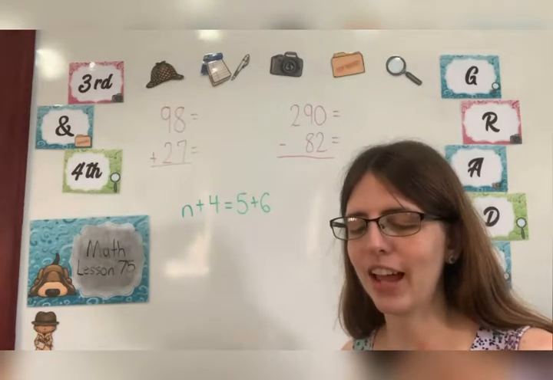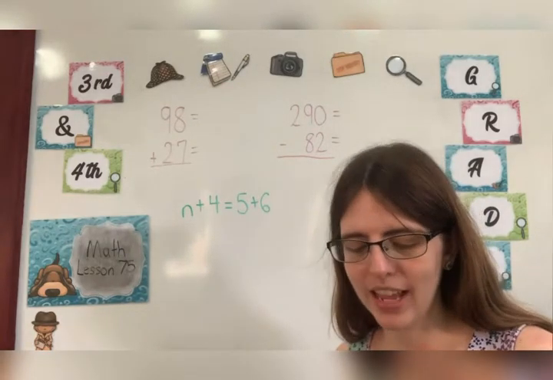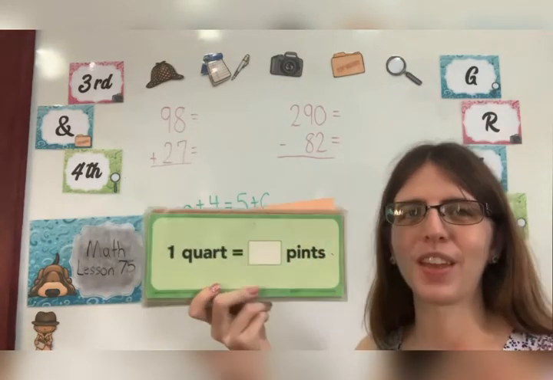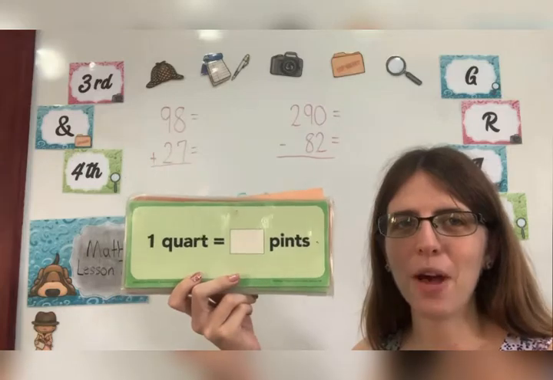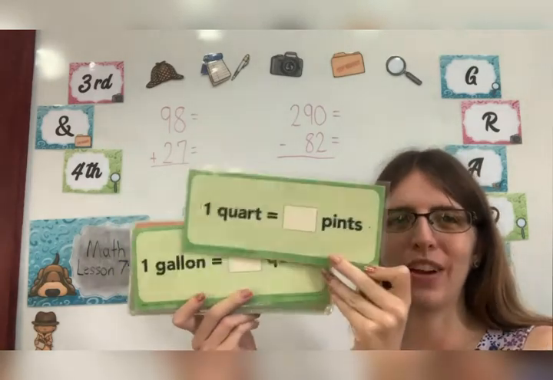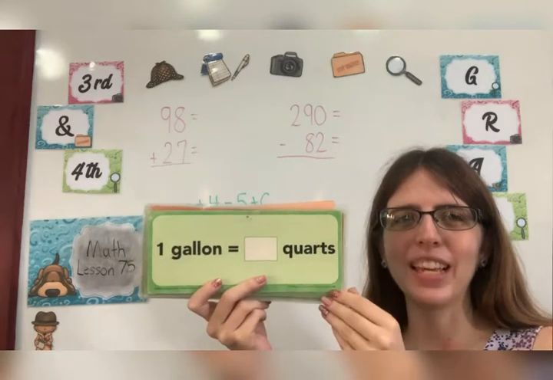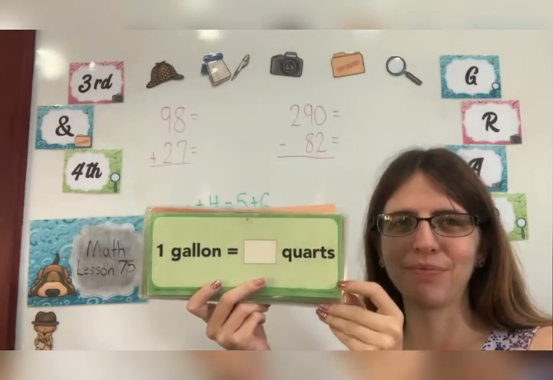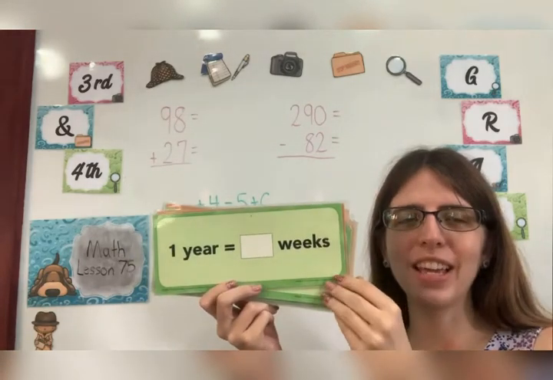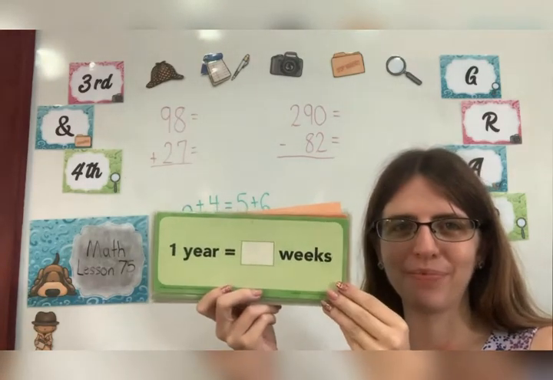All right, ready? I've shuffled in all of the new ones that we have worked on, so they're all in here. Okay, 1 quart equals how many pints? 2, very good. 1 gallon equals how many quarts? 4. 1 year equals how many weeks?